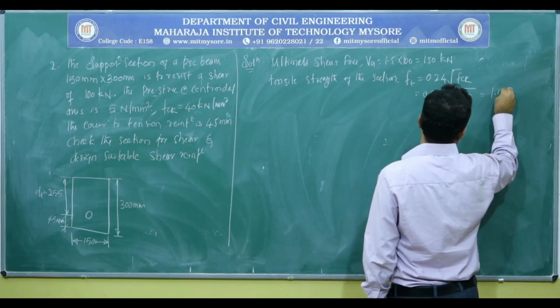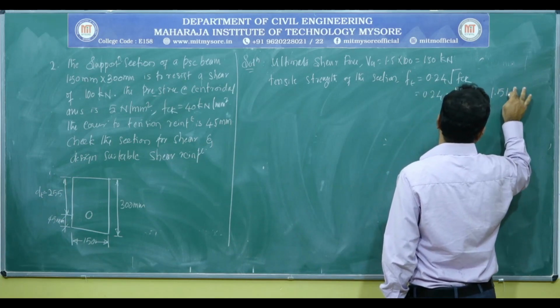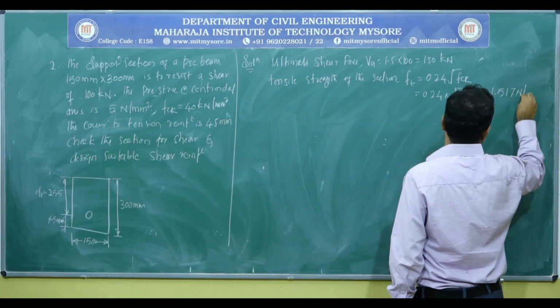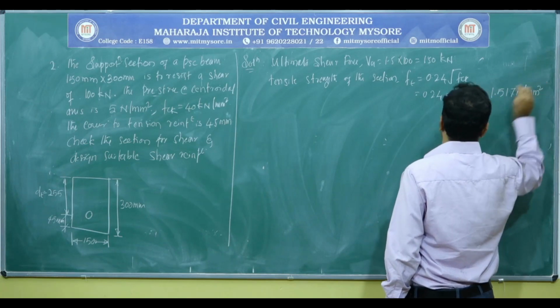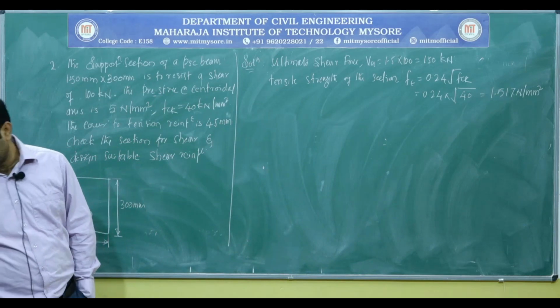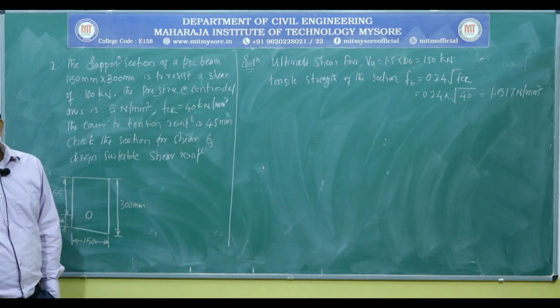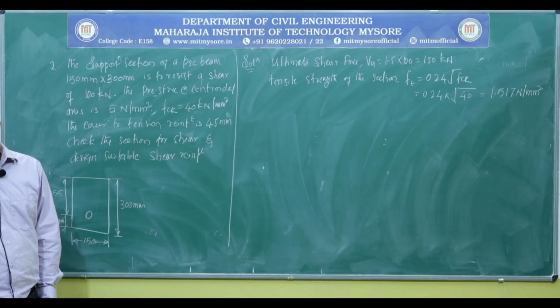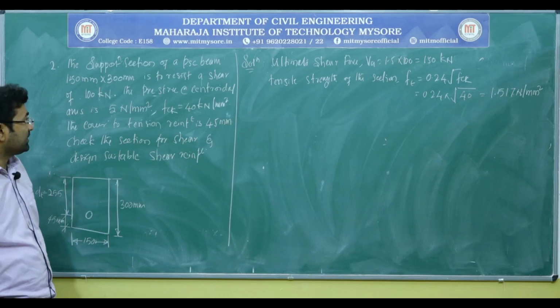So I think that is 1.517 newtons per millimeter square. Let me verify. So ft is equal to 1.51. Right. Then the other things are given.